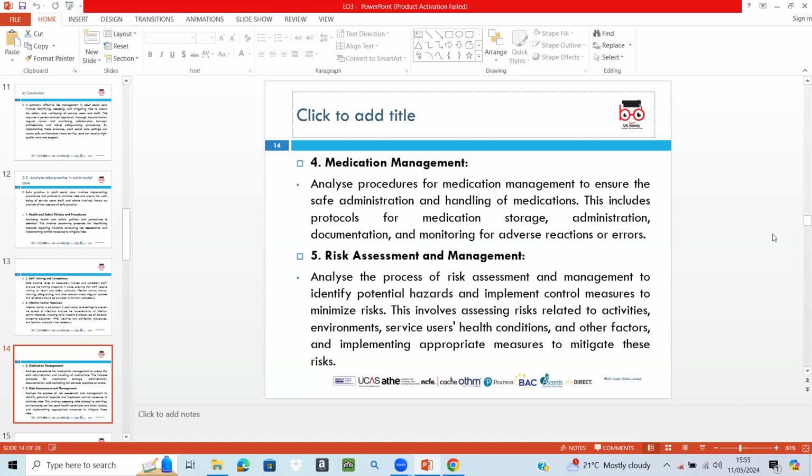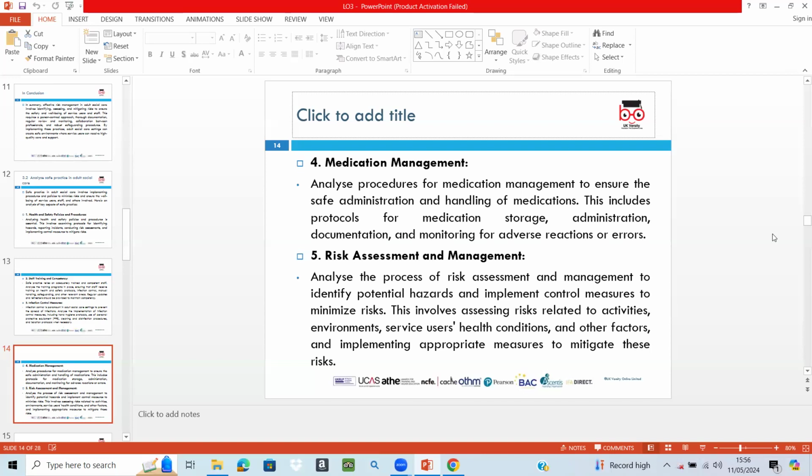Then if we discuss medication management, examining procedures for medication management is essential to guarantee safe handling and administration of medicine within adult social care settings, and analysis of protocols related to medication storage, administration practices, and accurate documentation and monitoring for adverse reactions or errors is crucial for maintaining the well-being of service users.